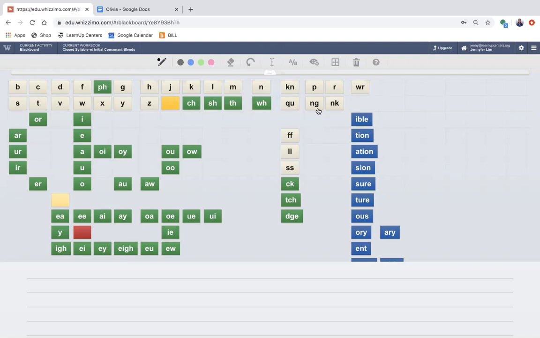K, Ng, Nk. And then let's review our hungry rule sounds.